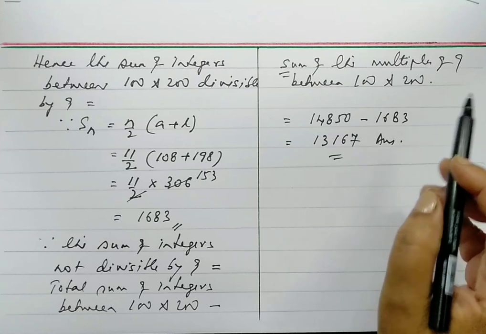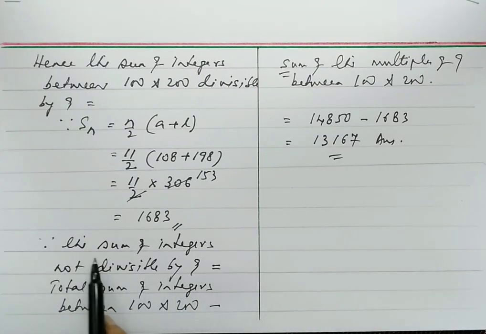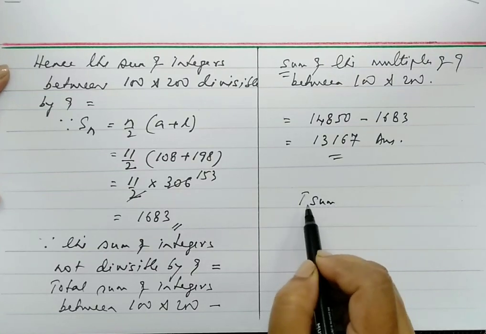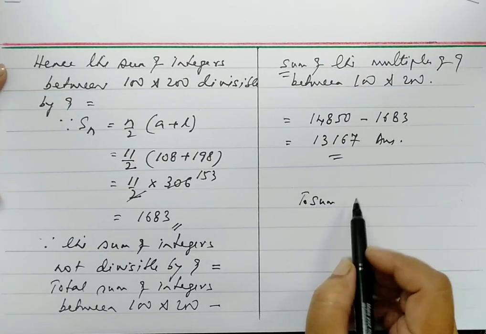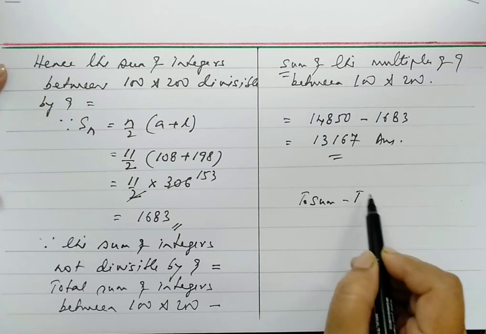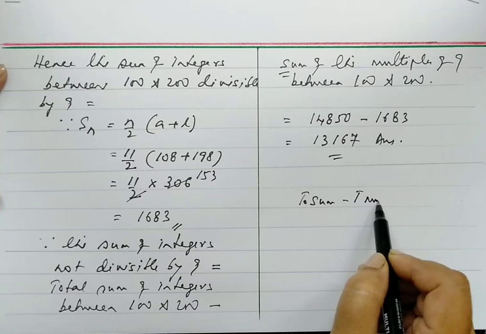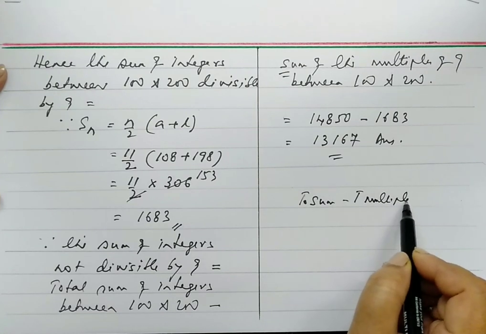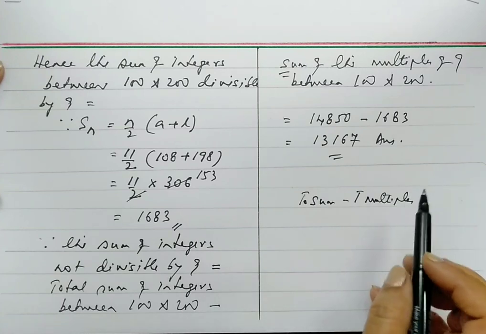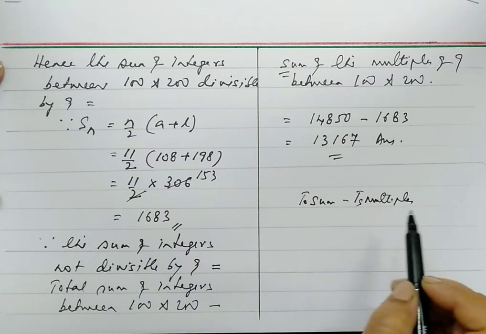Got it or not? Let me just do this again. The sum of the integers not divisible by 9 will be equal to the total sum minus the sum of the multiples of 9.